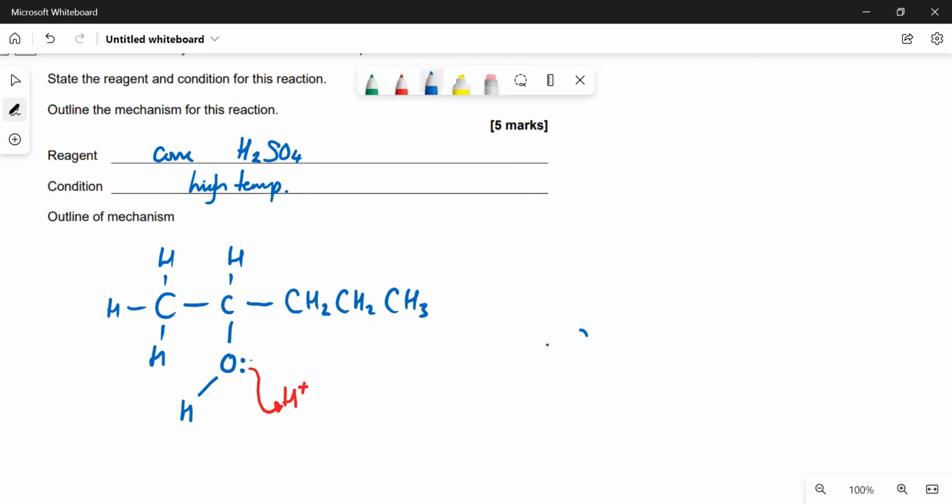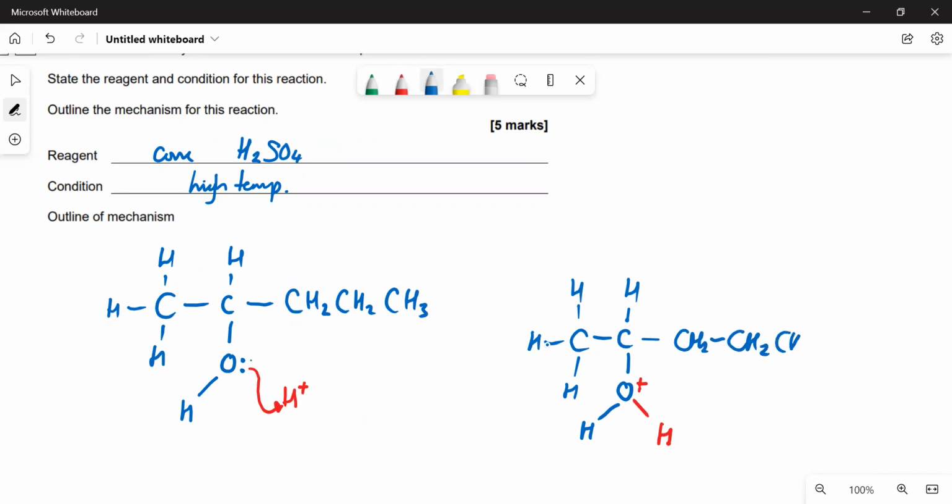So we end up with a positive charge on the oxygen. The rest of the molecule remains unchanged. The next step is for the water molecule to leave.